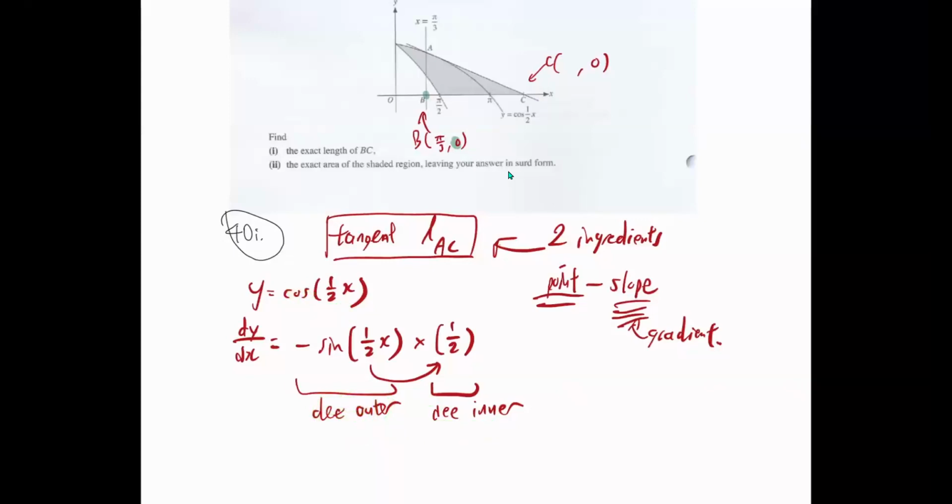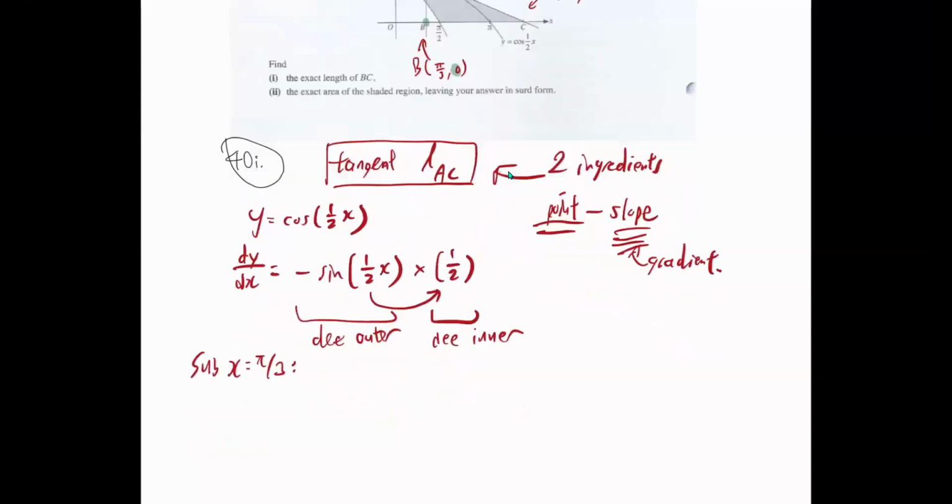Good. So now that we have this, we also know that this point A has x equals pi over 3, correct? So that means you need to sub x equals pi over 3.